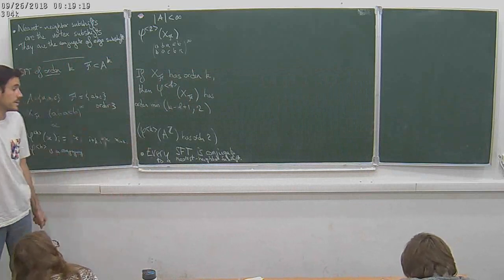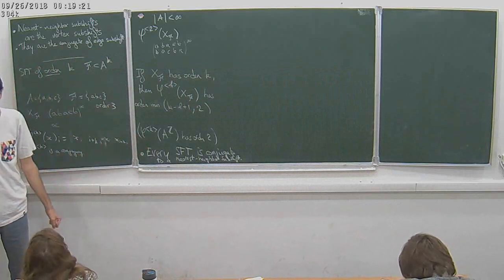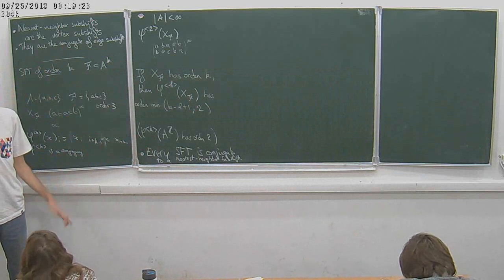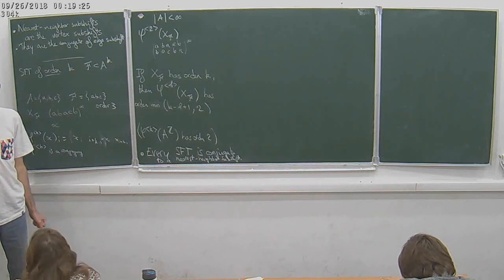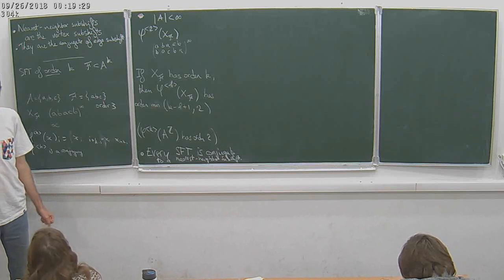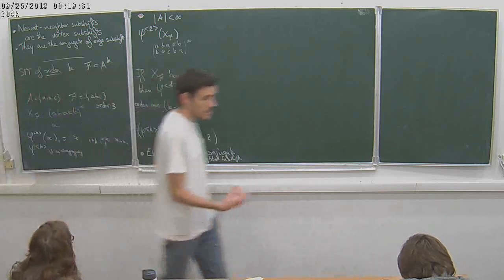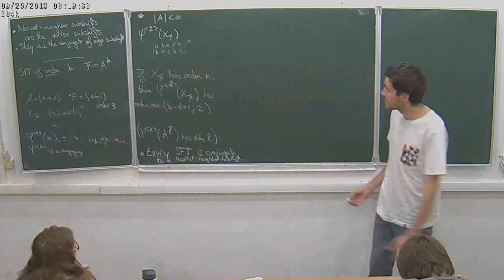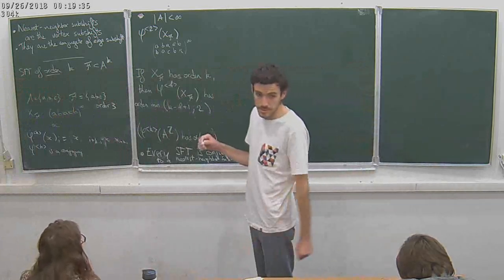So every SFT is conjugate to any of the two. So for now we will focus more on the edge subshift because it has an interesting property about these matrices that you can multiply.